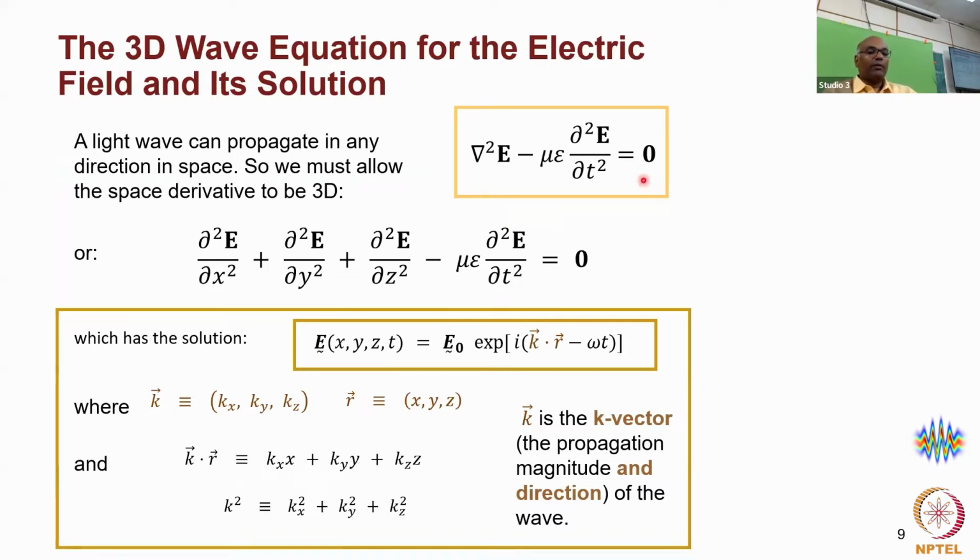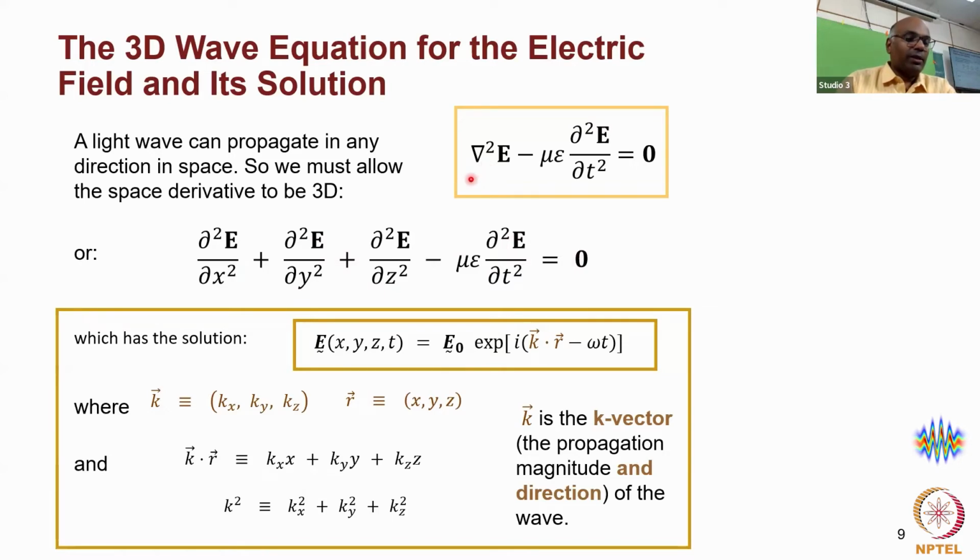So this is again the 3D wave equation. Of course, I sometimes denote a vector by a bold-faced character or by an arrow on top of the character itself. Here it's bold-faced, so just please note that and allow me to do both. Now, we have here the equation with the Laplacian del square opened out in Cartesian coordinates so that it is d2E by dx2 plus d2E by dy2 plus d2E by dz2 minus mu epsilon d2E by dt2 is equal to the zero vector.